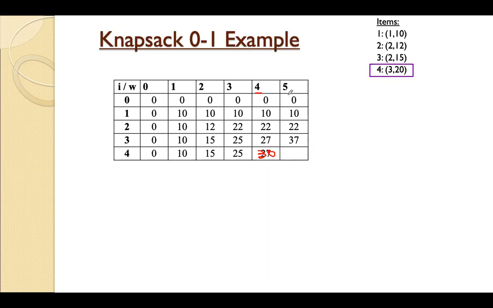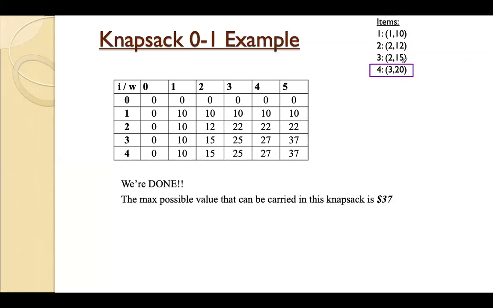Finally, when W is 5, among these four objects, which are you going to take? 5 means either it can be 2 plus 2 plus 1 or 3 plus 2. See, if you do 3 plus 2, this is 32. Or if you do 2 plus 2 plus 1, it will be 37. So this is 37.